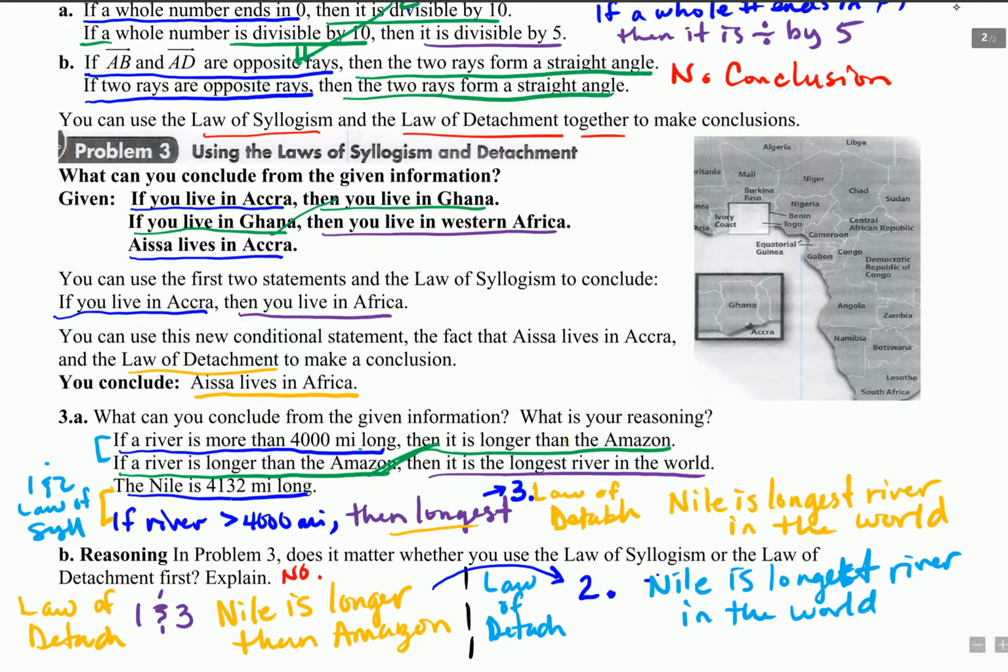And the hypothesis of one is the same as the conclusion of the other. One of them, the result, is the requirement of the other one. So it doesn't work if you have the 2 same hypotheses and different conclusions. That does not work. You cannot make a new conclusion out of that.